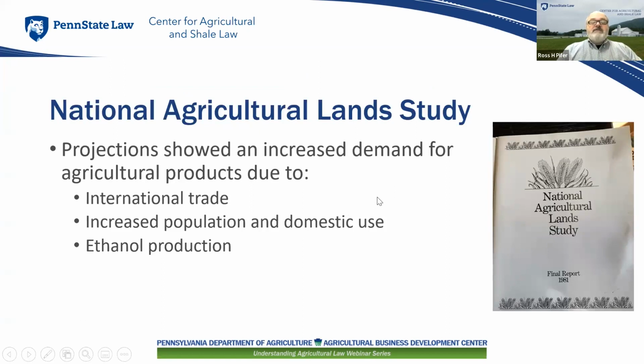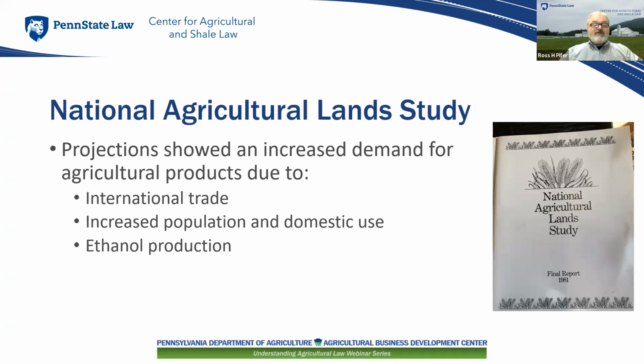So we were seeing a loss of land, but we were also seeing an increased demand. We were seeing a need for more agricultural production and having less land upon which to have that production, for international trade and increased population.